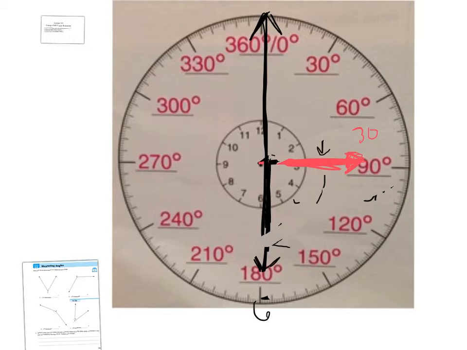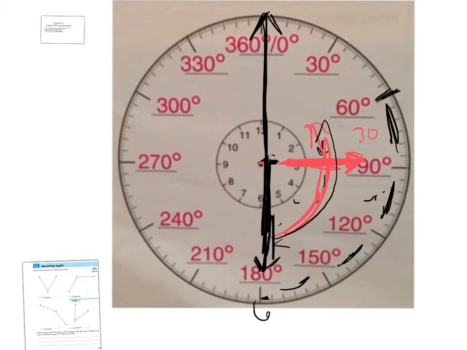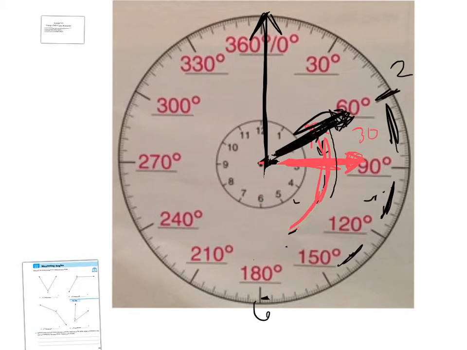It means we'll start going in the other direction now, up, and we would count in 30s. So this would be 30, 60, 90, 120. So that would get us right back up to here, up to the 2, and that would be moving your angle, or your small hand, counterclockwise 120 degrees.